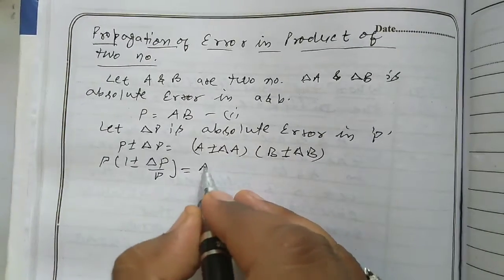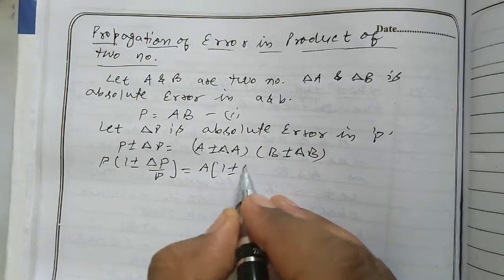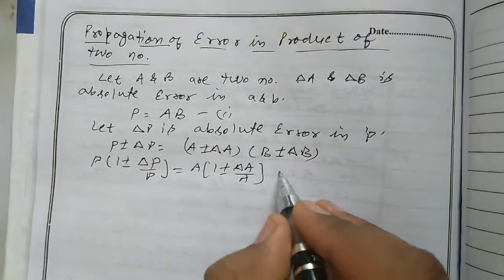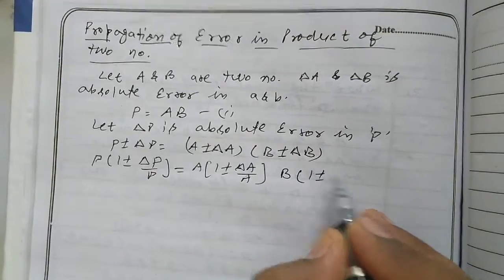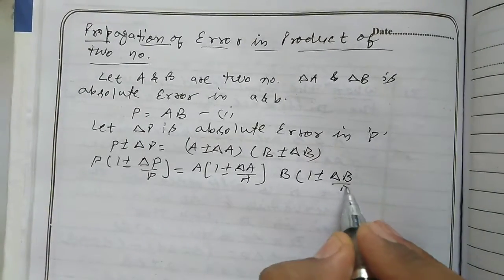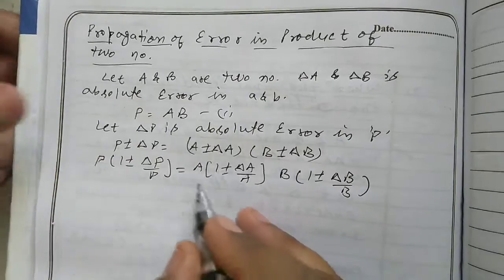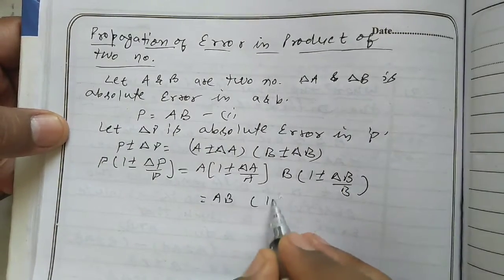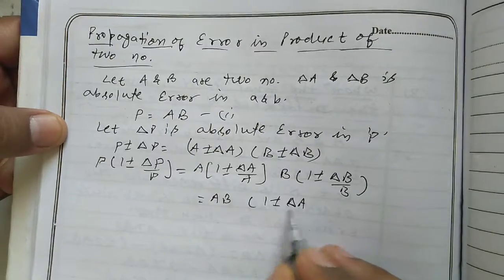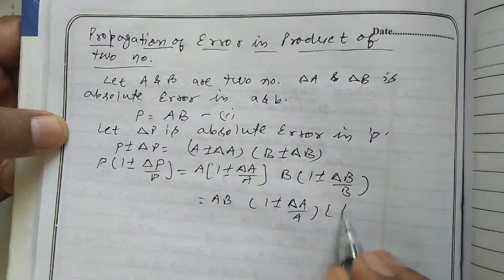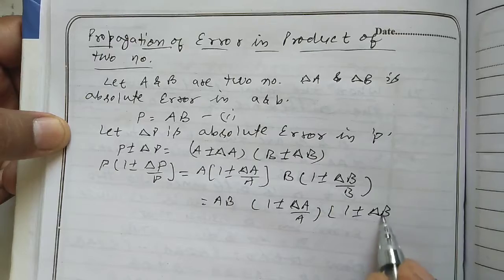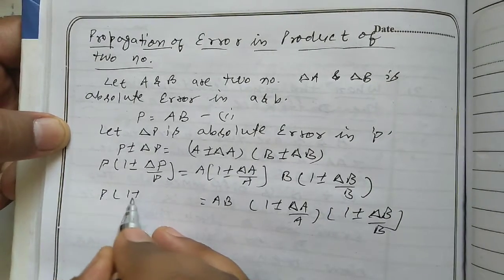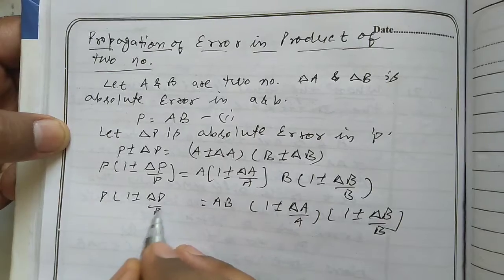We can take out a common: 1 plus minus delta a upon a. We can take out b common: 1 plus minus delta b upon b.